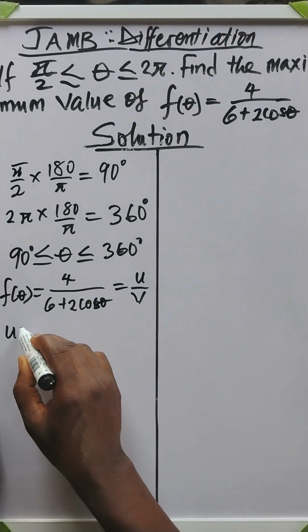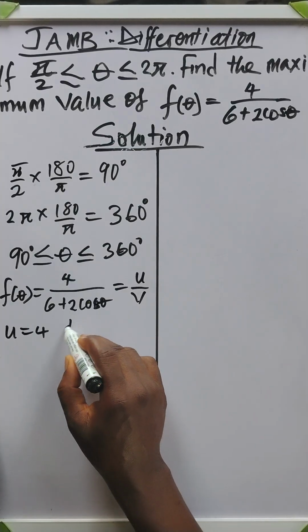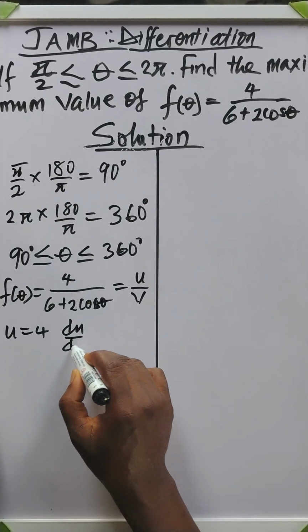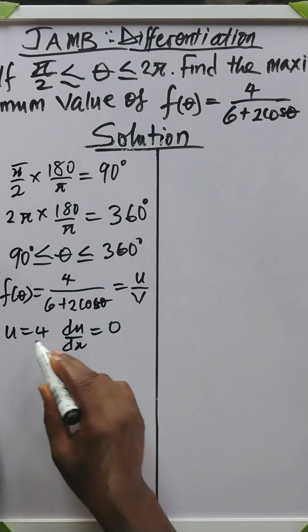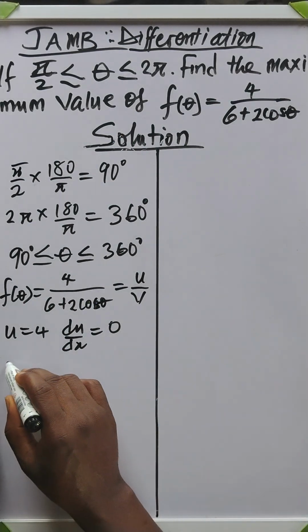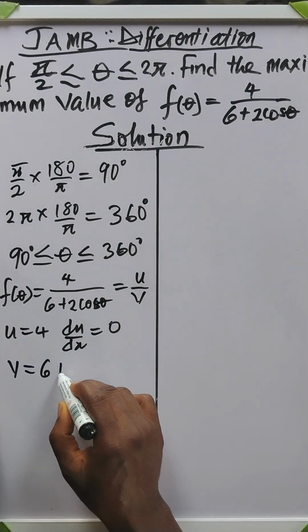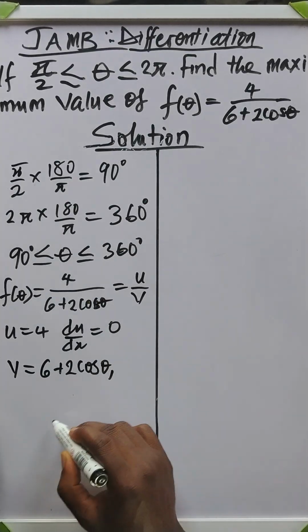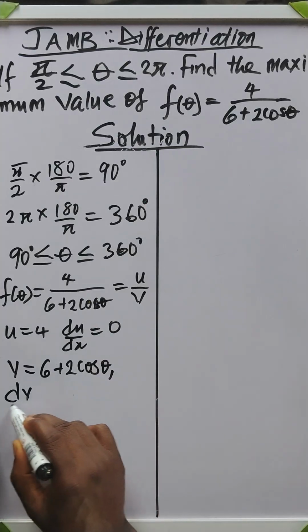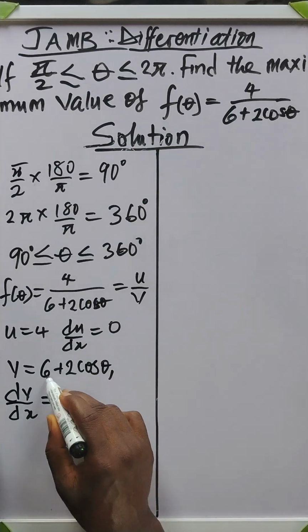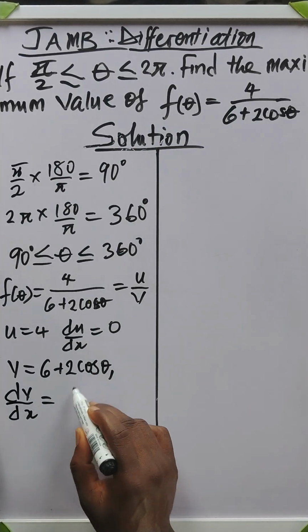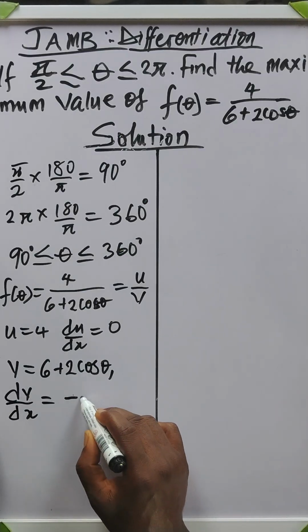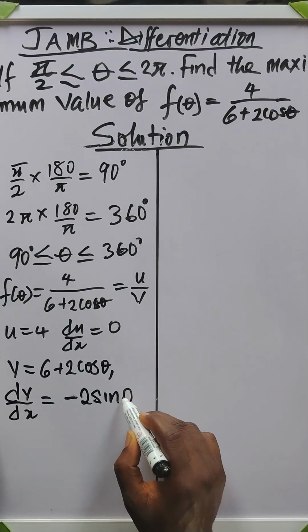Our u is equal to 4, then du dx is equal to 0, because when you differentiate a constant, it is 0. v is equal to 6 plus 2 cos theta, and dv dx is equal to, differentiating the constant is 0, and differentiating this gives you minus 2 sine theta.